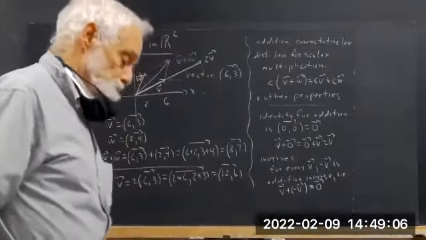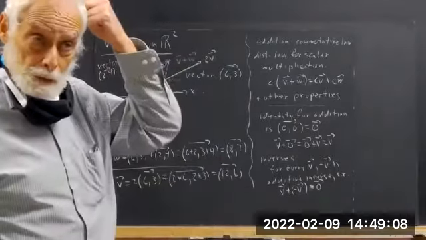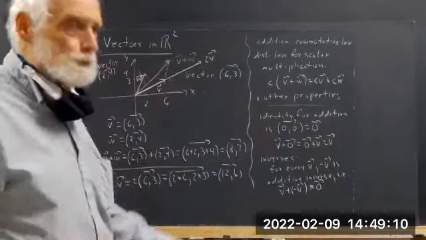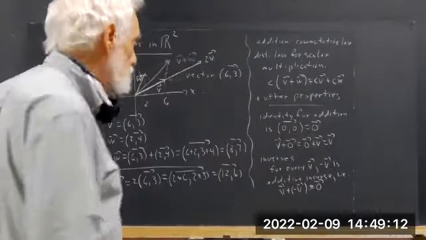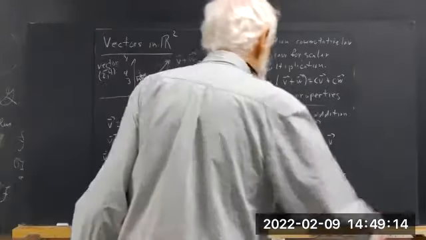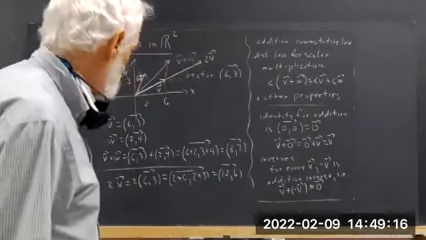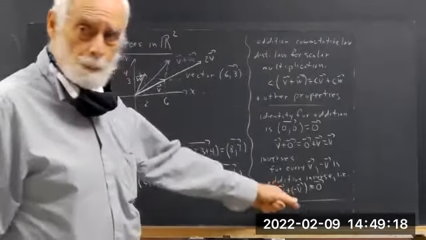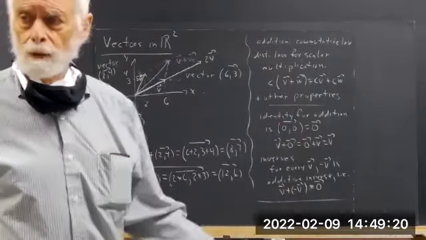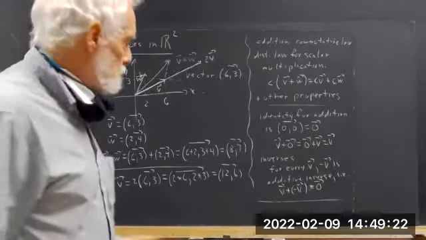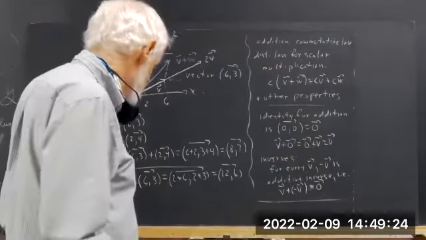Some operations allow inverses on some fields or rings or whatever, and some don't. Well, you have these abstract properties, and it's important because once you have these properties, you can solve vector equations.